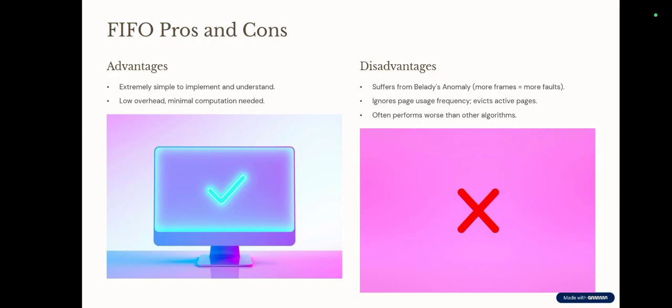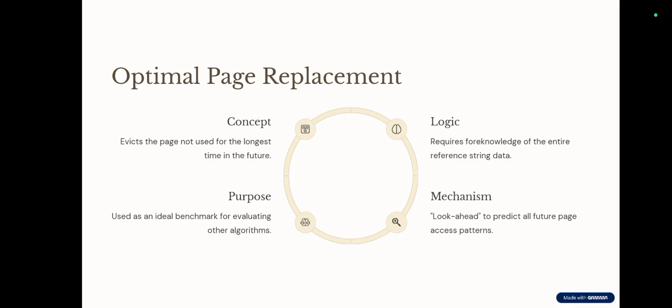Now we're going to move to slide 8. Let's explore the optimal algorithm. This is a theoretical best case scenario. It replaces the page that will not be used for the longest time in the future, and requires full knowledge of future memory accesses, so it's not usable in real-time systems, but it serves as a benchmark to evaluate others.